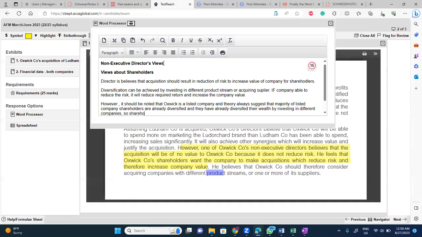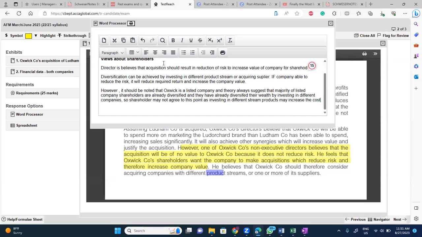So shareholders may not agree to this point, as investing in a different product stream may increase the cost, or acquiring a supplier may not give proper benefits as the company may lose discount advantages. Okay.